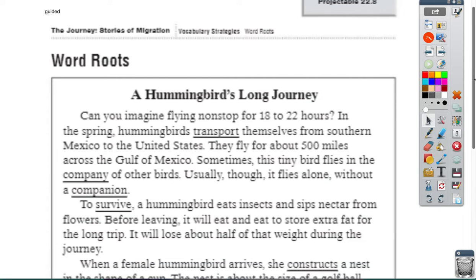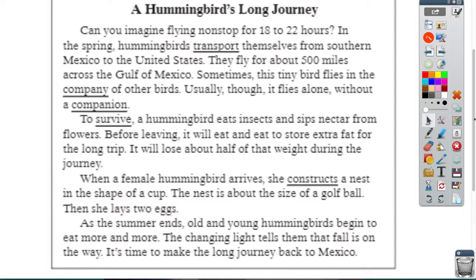All right. A hummingbird's long journey. Can you imagine flying non-stop for 18 to 22 hours in the spring? In the spring, hummingbirds transport themselves from southern Mexico to the United States. If you notice, guys, we have the word root trans, which means across.